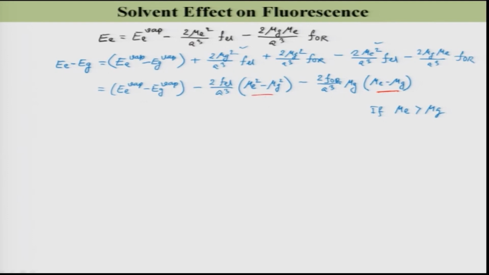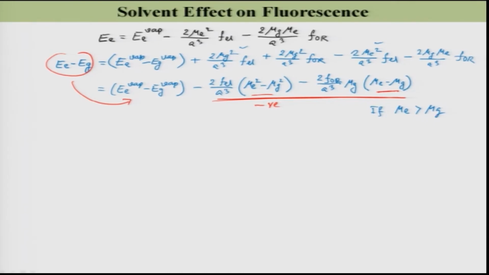That means this energy is less than this energy, because the total thing is a negative quantity. This energy is less than this energy means there will be a red shift in the absorption spectra. That means, when mu E is greater than mu G, there is a red shift.